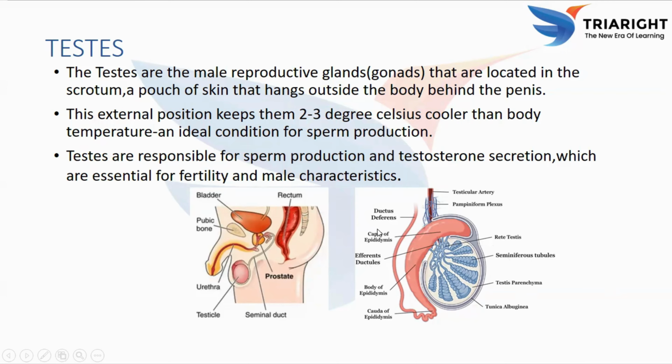The epididymis is a place for maturation and storage of sperm. And what are the cells in the testis? Spermatogenic cells, also called germ cells, Sertoli cells, and Leydig cells.